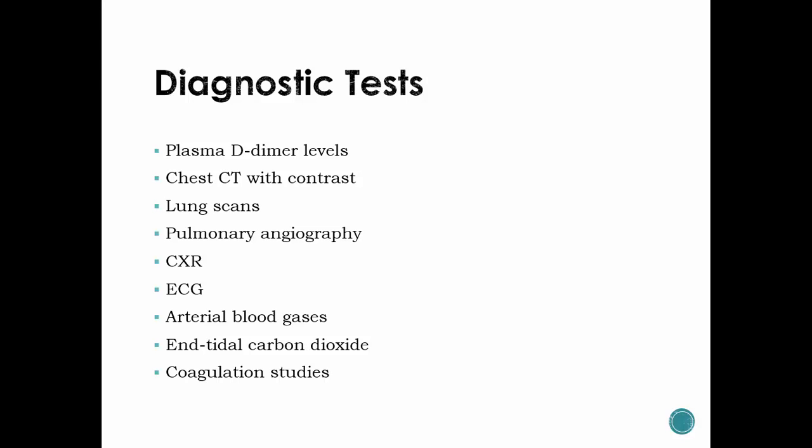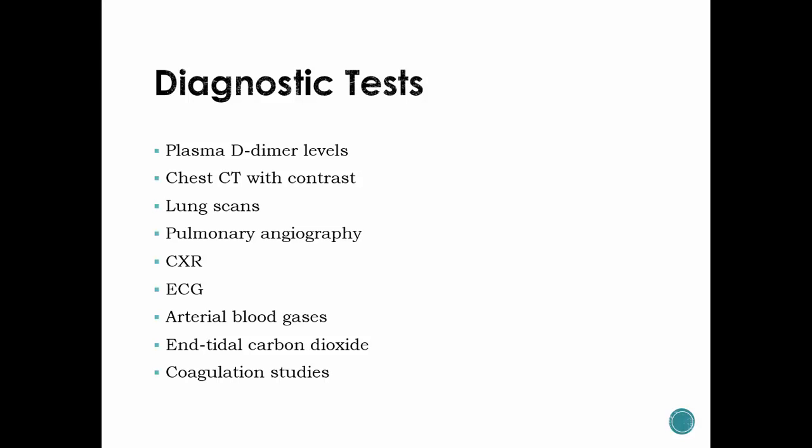So a lot of times you may have a VQ scan, and your VQ scans do take 45 minutes to an hour and a half, because what they'll do is they'll take some x-rays and then they'll inject some contrast media, and then they'll wait a little bit and then redo some more x-rays looking for the pulmonary emboli.